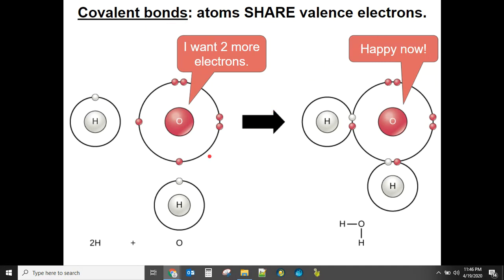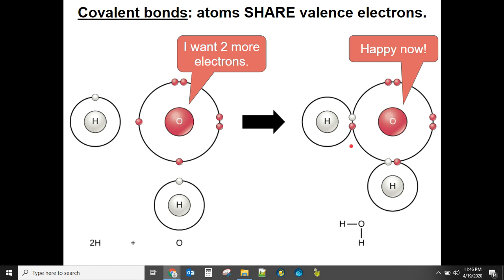Okay, so here's an oxygen atom. It wants 2 more electrons to have a full shell because it has 6 right now. And if it happens upon some hydrogen atoms, they have one, and if they share their valence electrons, then everybody can be happy because these hydrogens have a full shell. Remember, hydrogens have that little bitty shell.